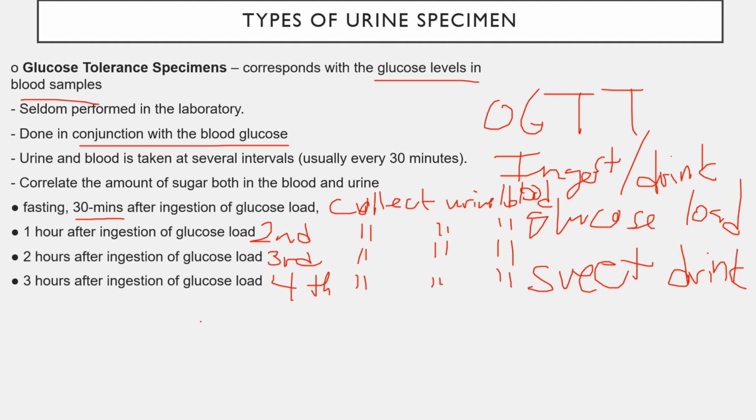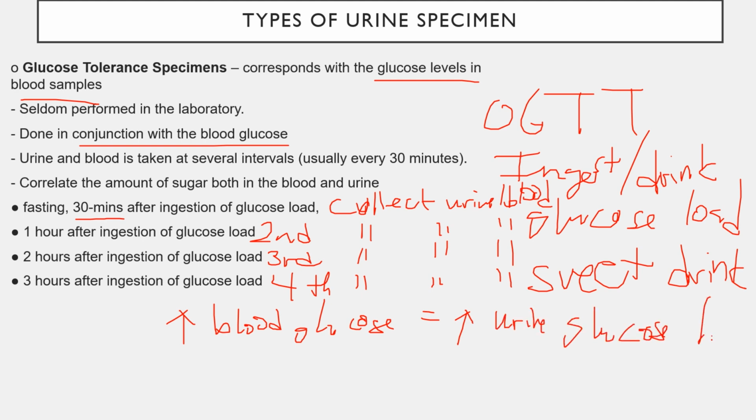So class, what will happen there is, if the glucose in the blood is high, expected also, class, that the urine glucose would also be high. Because remember, there's a possibility that it would go beyond the renal threshold.